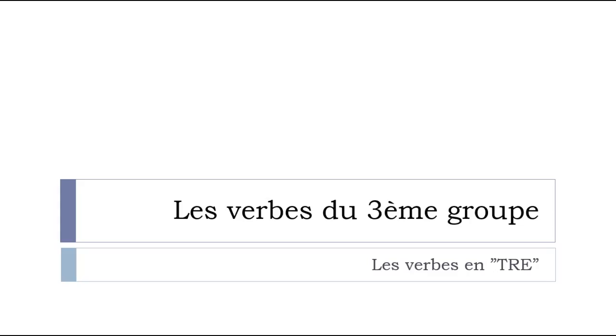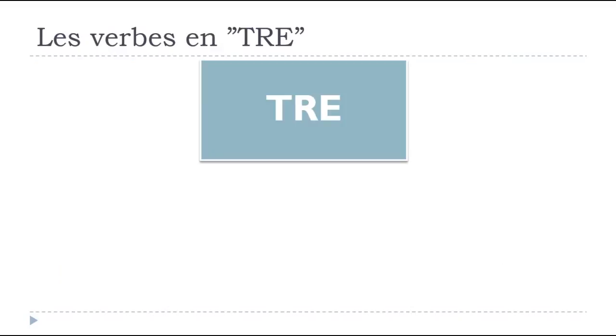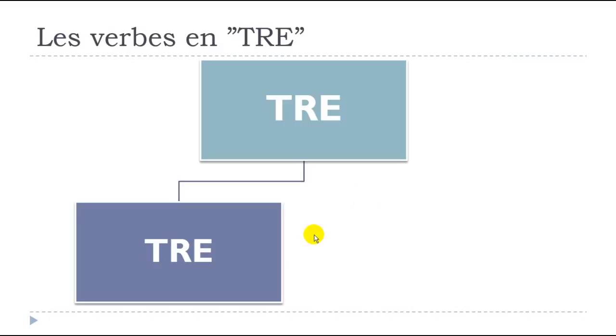Les verbes du troisième groupe, and more precisely we'll see together how to conjugate in the present tense the verbs that end with TRE. Okay, so we can start right now. I thought it might be easier to divide them into two groups. The first one would be verbs ending with TRE, so it's not a big surprise.